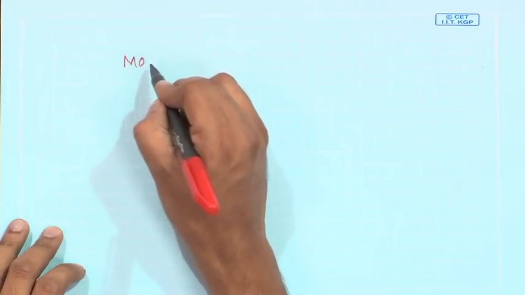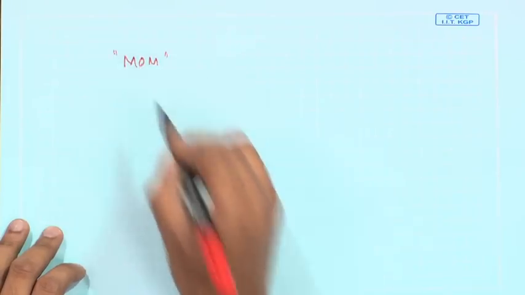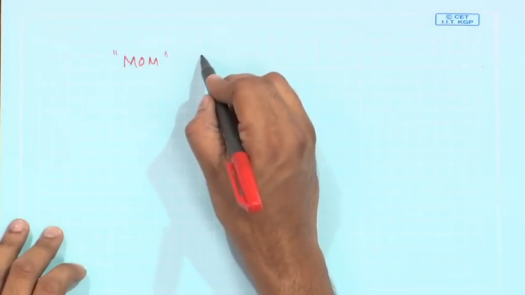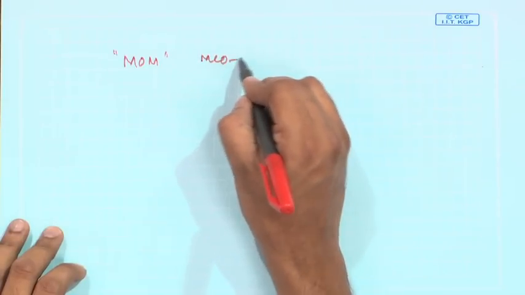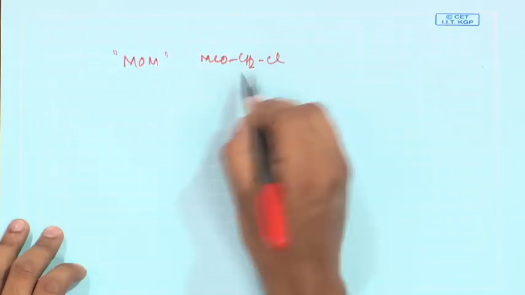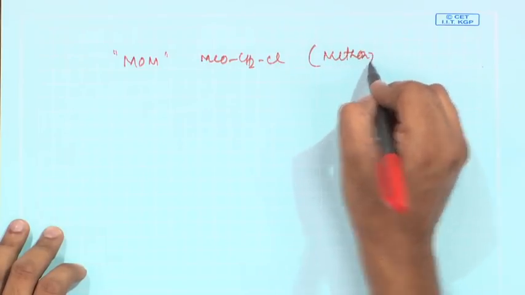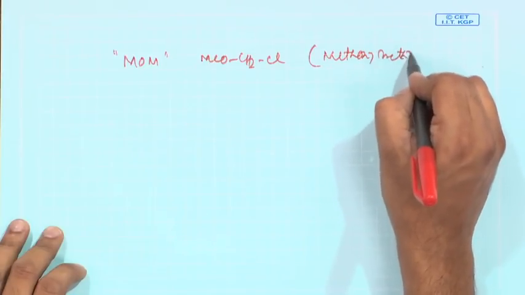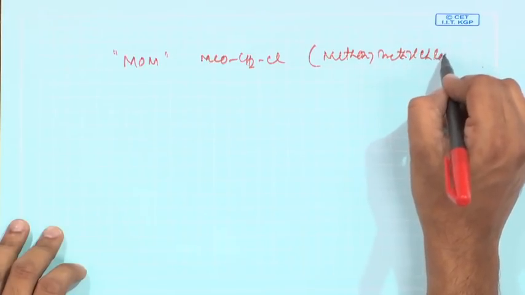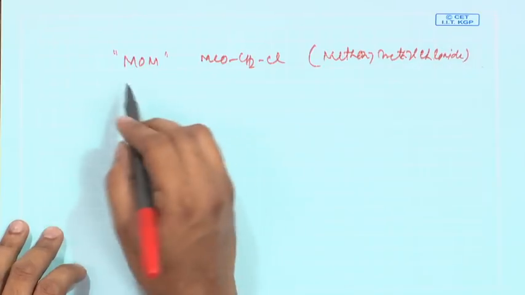We are talking about another simple protecting group, abbreviated as MOM. MOM stands for methoxymethyl chloride. It is basically an ether.